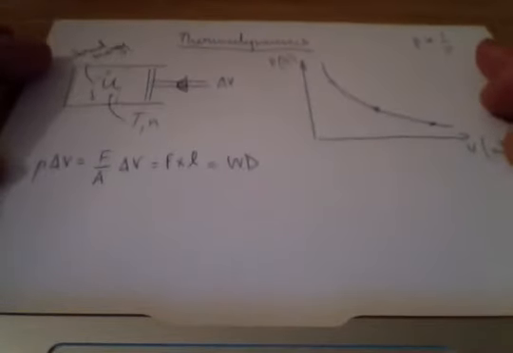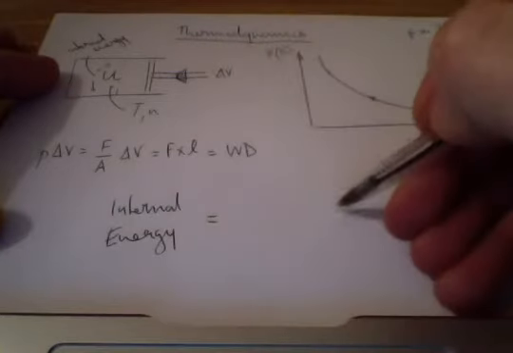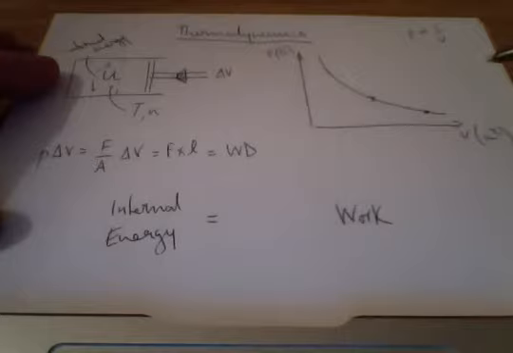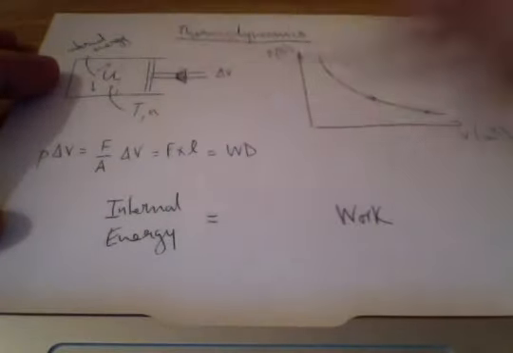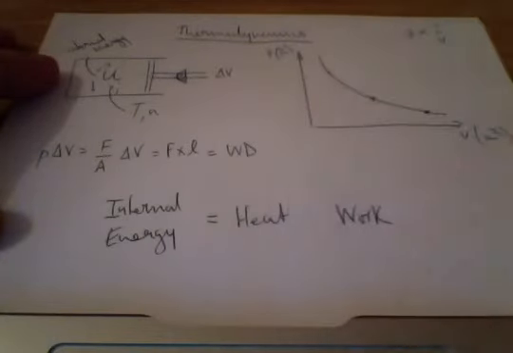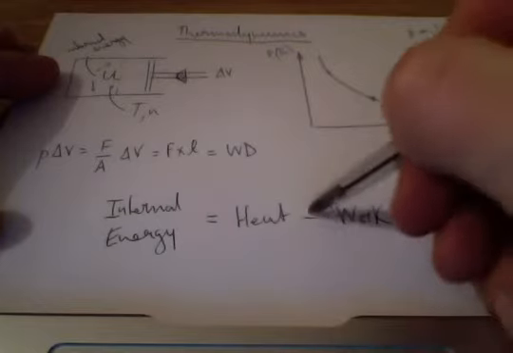So it's fair to say that the internal energy is affected if we do work on the gas. Of course, another way of increasing the internal energy is just to heat the gas itself. So we have these two ways of increasing the internal energy of the gas.